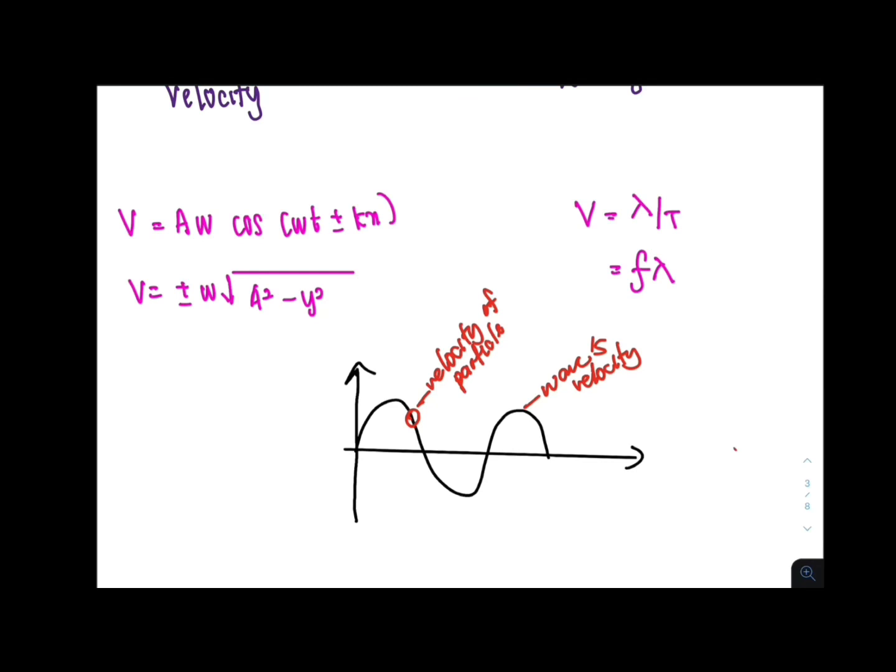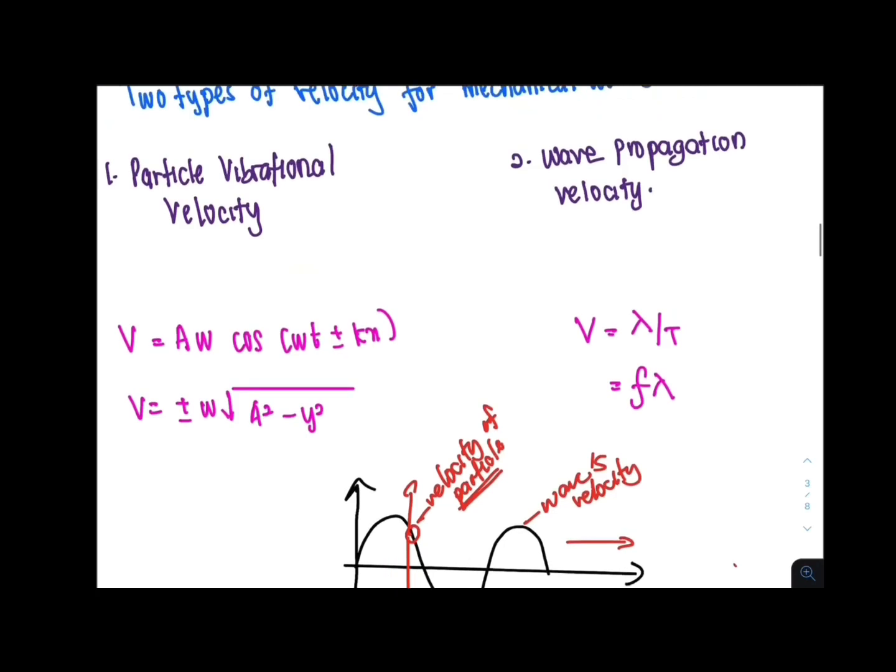One is the particle's and another one is the wave's velocity. Your velocity of the particle moves in a direction such that up and down only, as it is going to vibrate up and down. And the velocity of your wave is traveling to the left or right depending on the direction of the wave travel. So, particle's vibrational velocity is indirectly the velocity of the particle. Wave propagation velocity is the wave's velocity in a simple term.